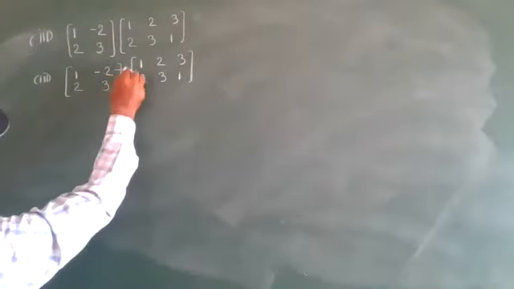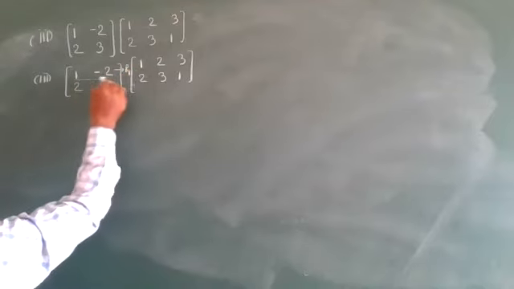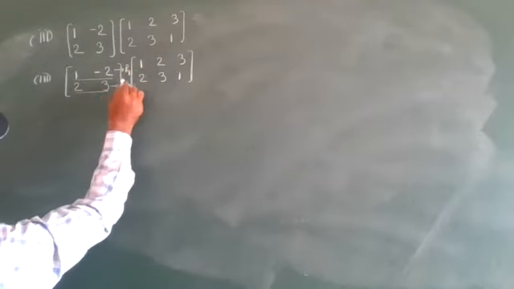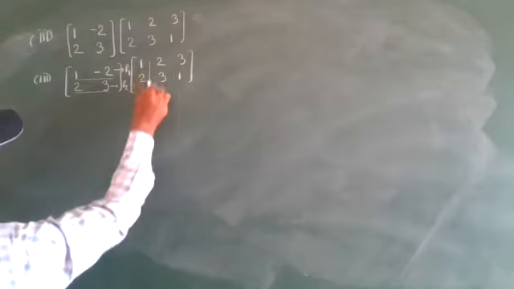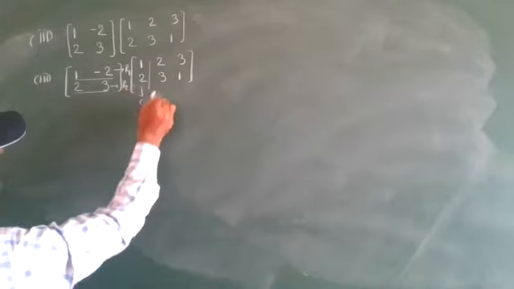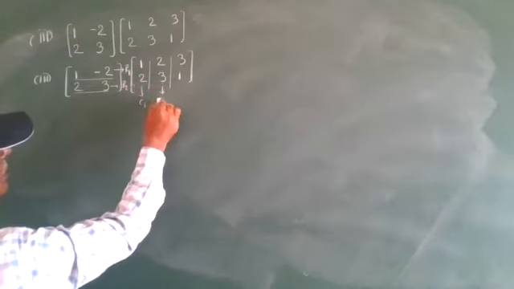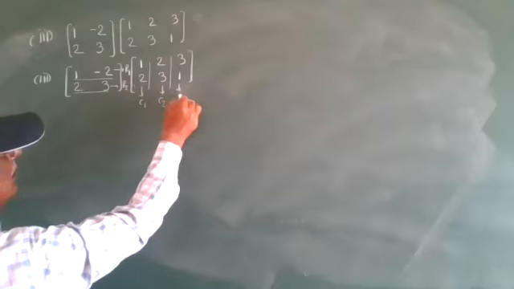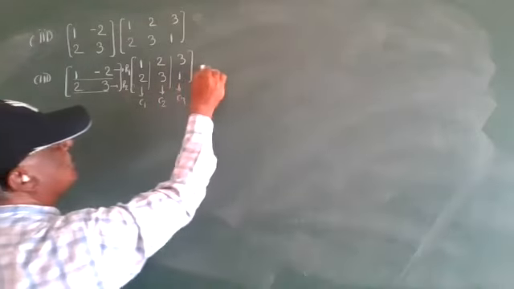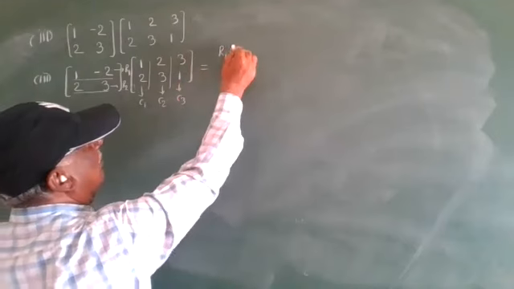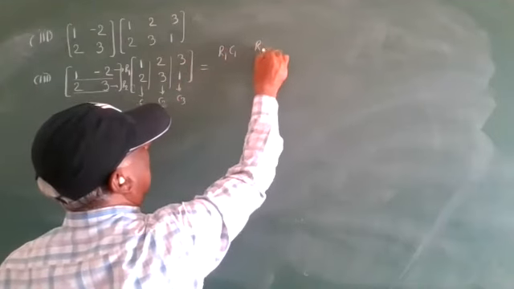Now everyone, first matrix R1, R2. This is the R2. This is C1, this is C2, this is C3. R1 starts. R1 multiplies with the 3 columns.